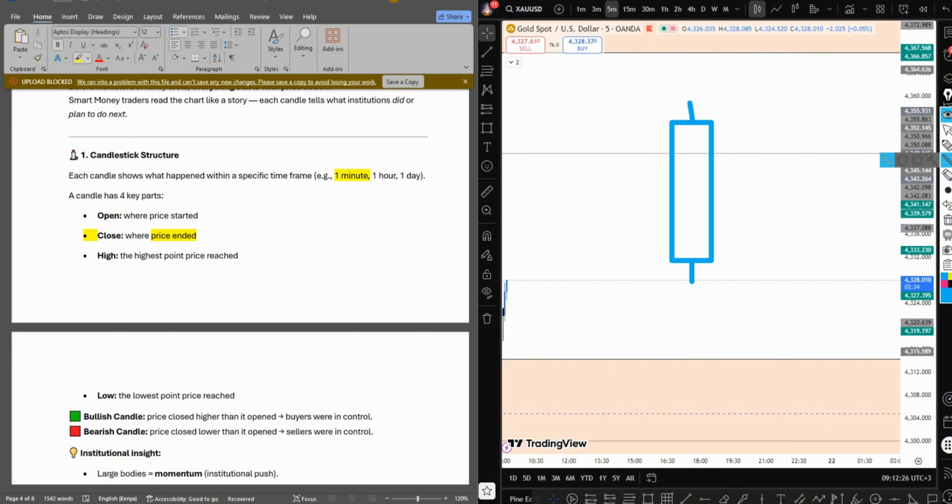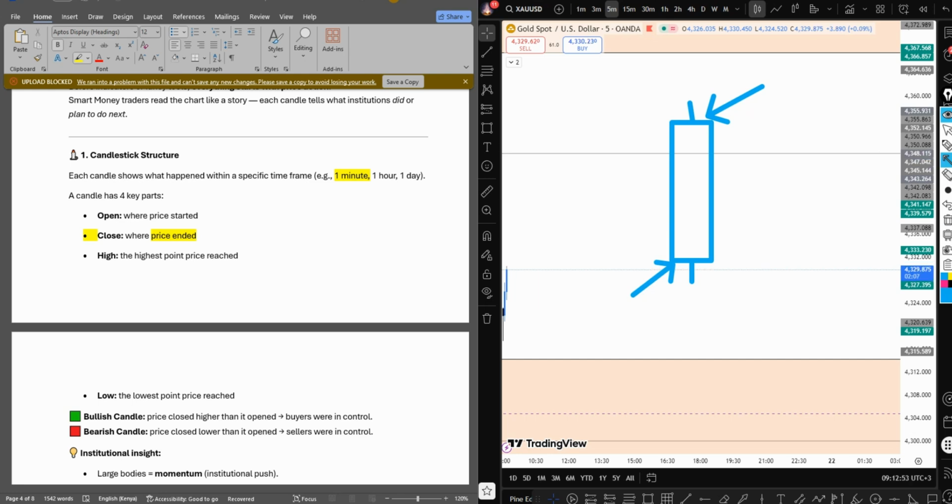In a bullish candle, this is the open. Sorry. This is the open in a bullish candle, and this is the close in a bullish candle. Okay, so this is the open, and this is the close. So price closes here. So if you see a bullish candle, this is the open, and this is the close.